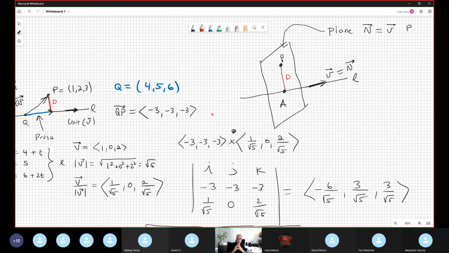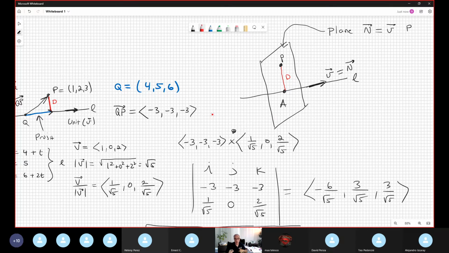The idea is clear. You have a line. A line has a direction vector. And I suppose that direction vector is a normal vector of a hypothetical plane that contains the point P and this normal vector. Using this algebra, I get the equation of the plane.